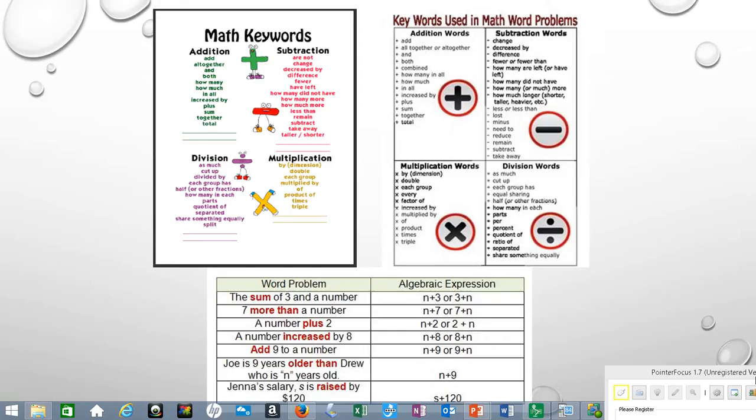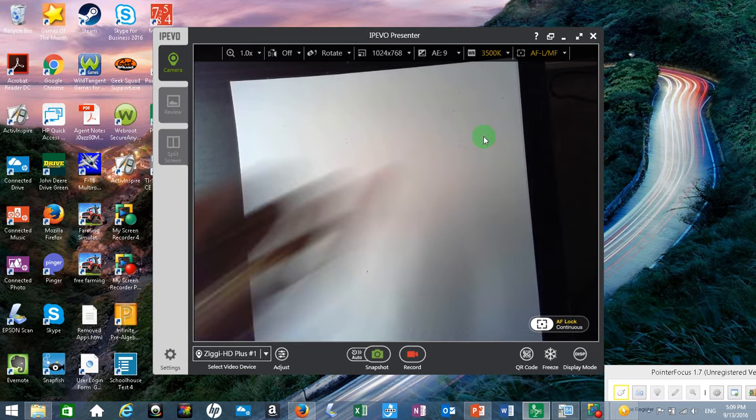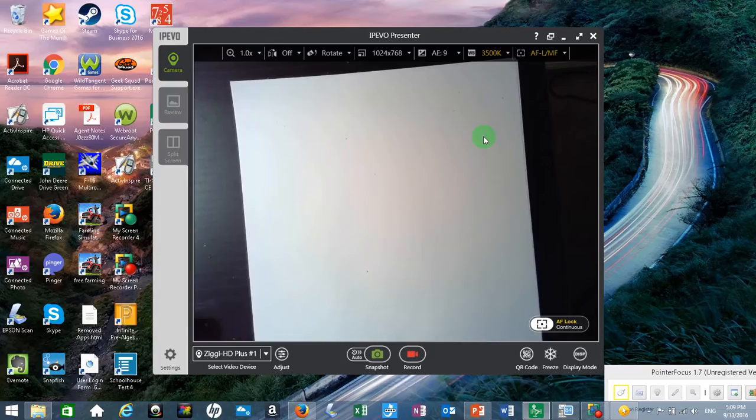Maybe it'll turn on in just a minute. While I'm waiting for that to turn on, I'm going to go off to the side here. You have to excuse me, I have to flip between things. I'm going to minimize that and talk about "is."